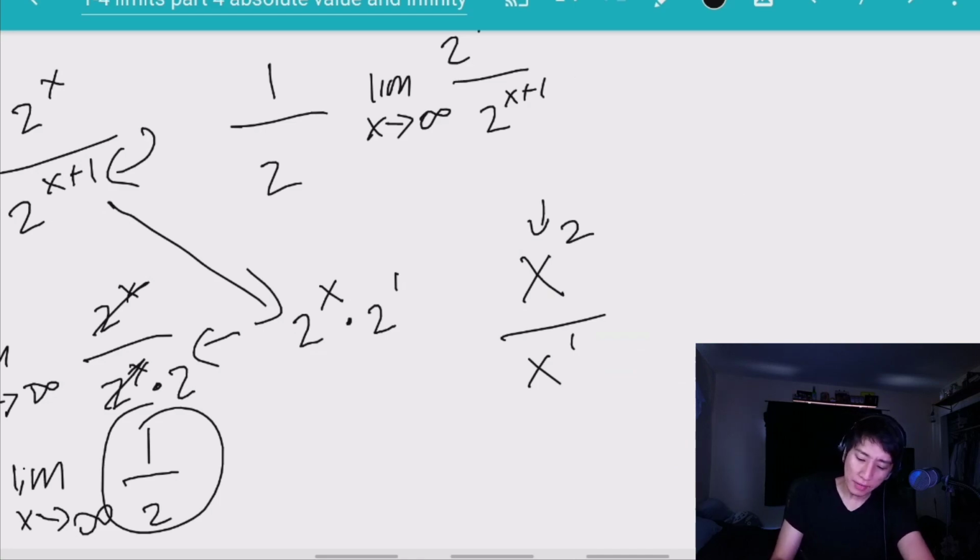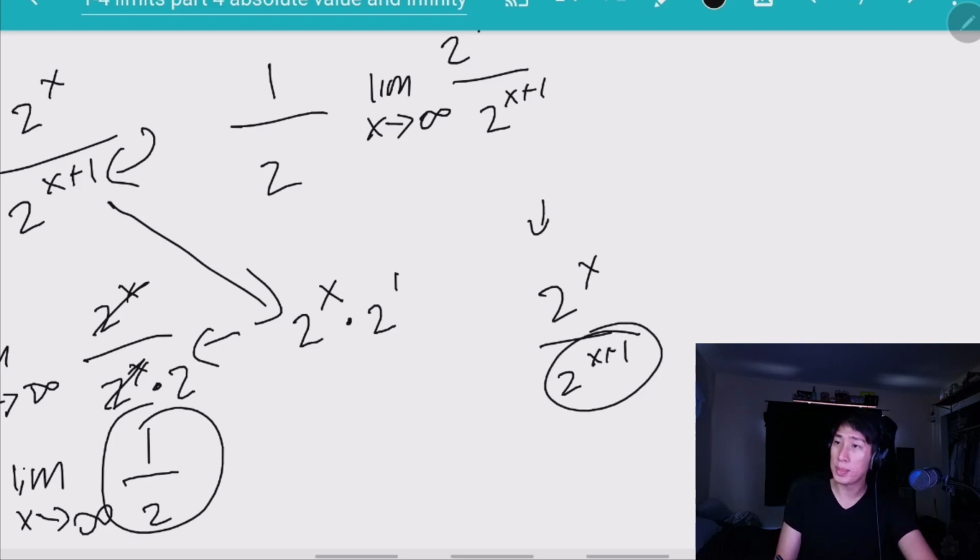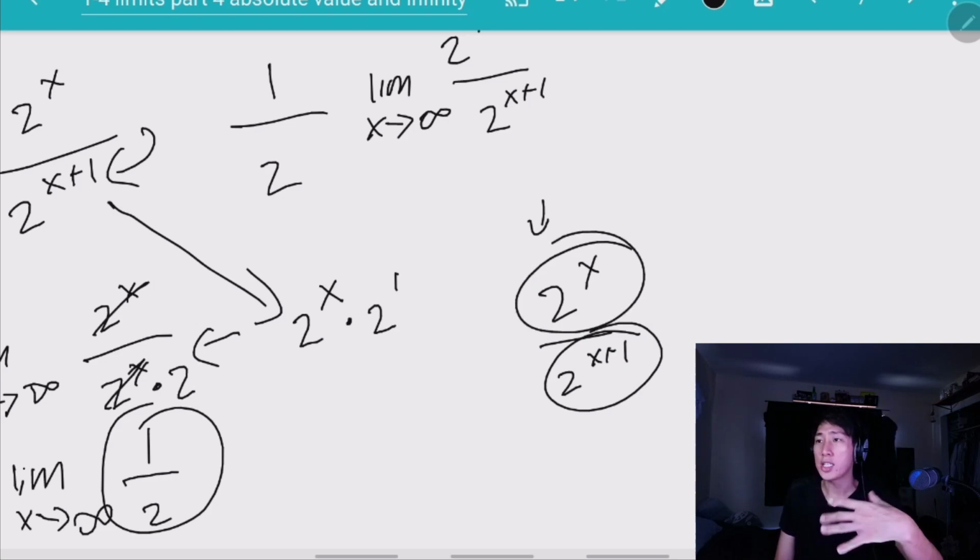However, if I'm just doing something like this, 2 to the x over 2 to the x plus 1, even if I have a number like 10 with 10 million zeros behind it, really, I'm dividing it by 10 with 10 million zeros, but only one larger. This here is always going to only be 2 greater than this top one, because I'm not squaring a big number. I'm taking a small number and I'm multiplying it, and it's not growing exponentially larger than the bottom one anymore.